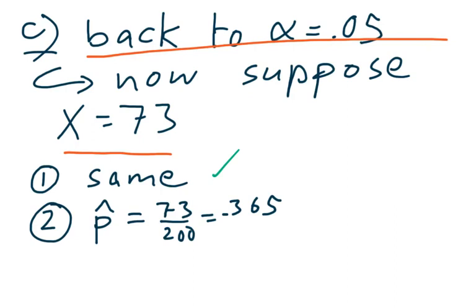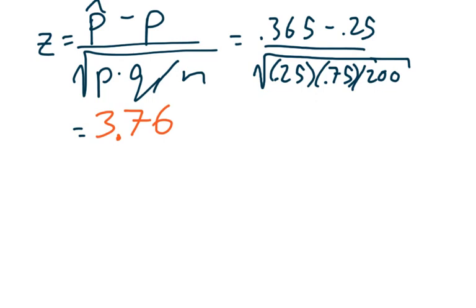So that means, of course, that our test statistic is different because we're going to have a different value for p hat. We calculate our test statistic the same way that we always do. Z is equal to p hat minus p, all divided by the square root of the whole thing, p times q, all over n. So we plug in everything that we have.